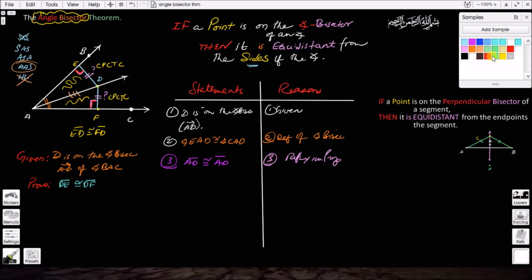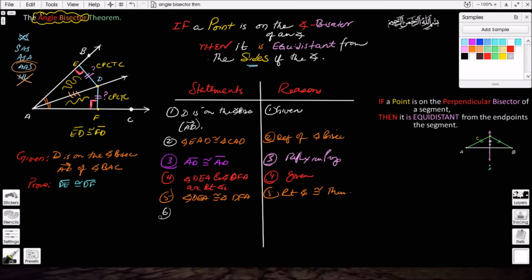Now we can say the following. Angle DEA and angle DFA are right angles. That's given, because that's how you measure the distance between a point and a line. Then angle DEA is congruent to angle DFA because of the right angle congruence theorem: all right angles are congruent.